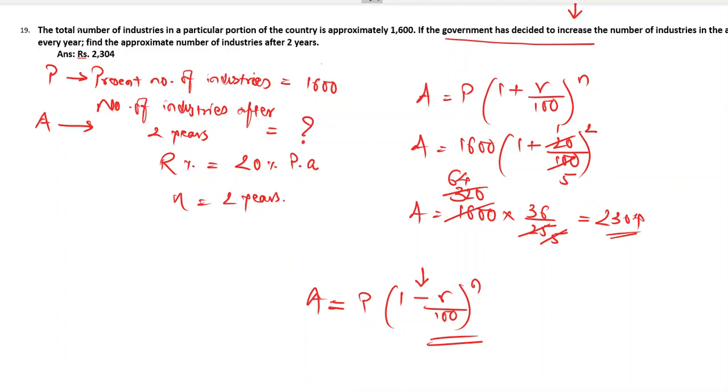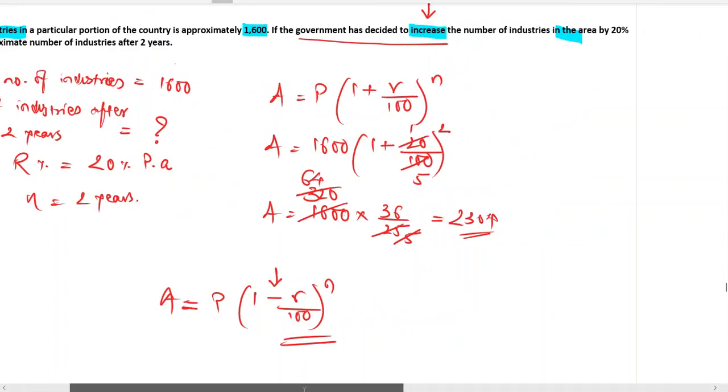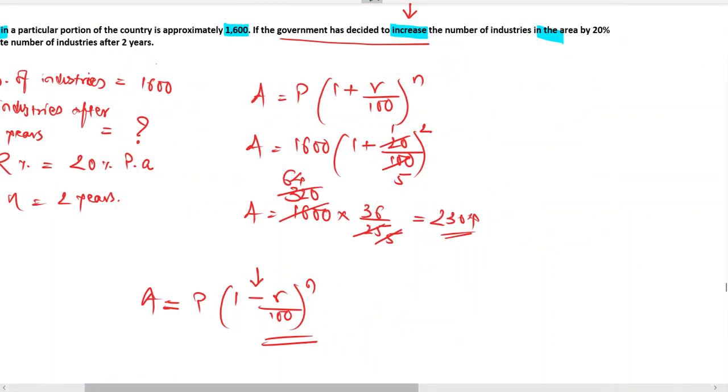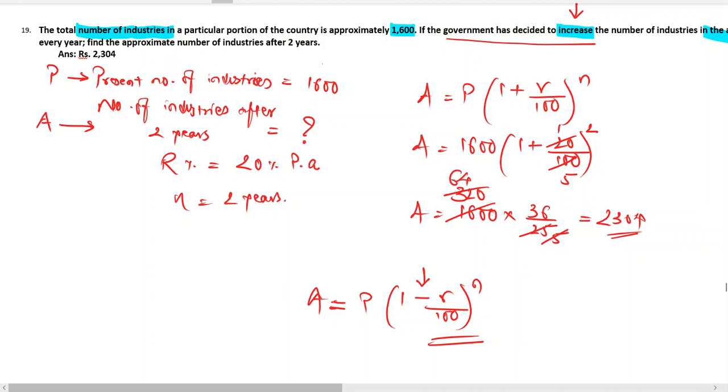So the total number of industries in a particular portion of the country is approximately 1600, and the government has decided to increase the number of industries in the area every year. At what rate? It is given over here: by 20%. So this is the rate at which the industries have to be increased.